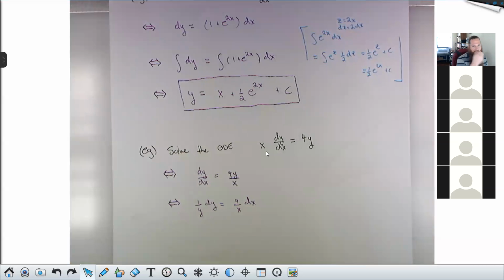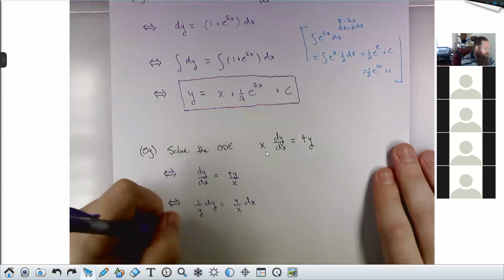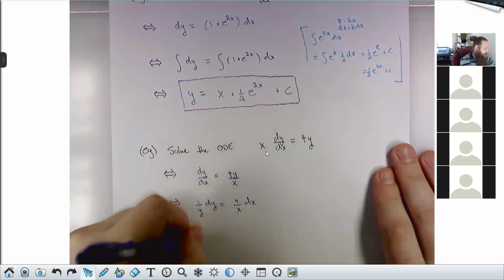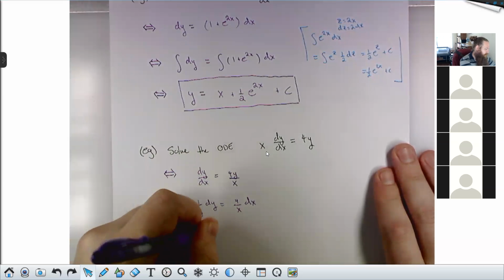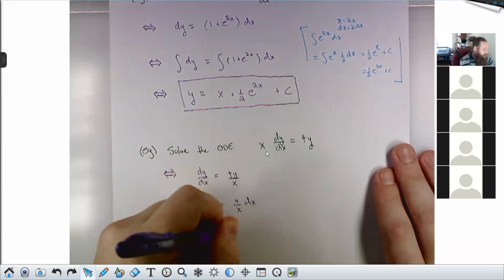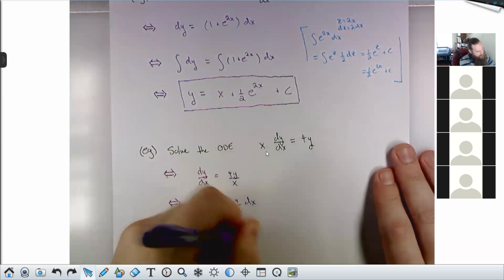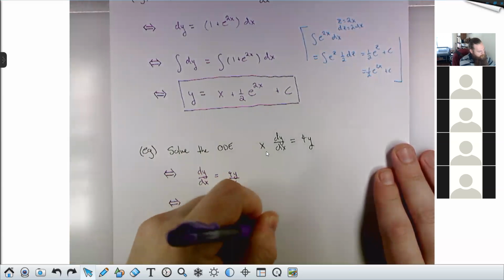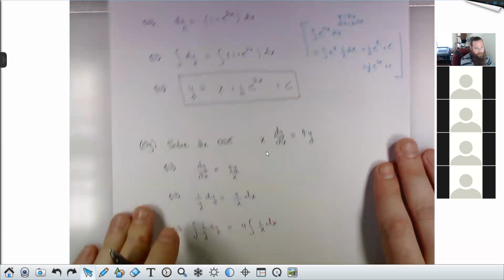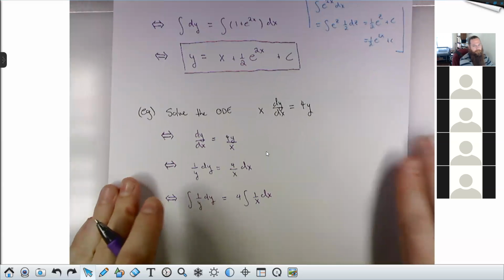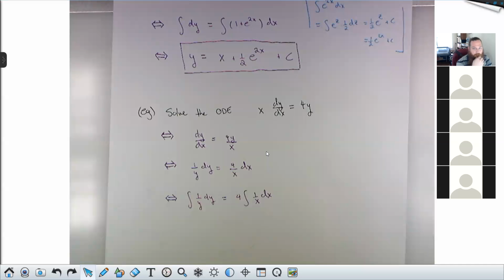I've just separated the variables. And my next step would be to integrate on both sides. So I have integral 1 over y dy equals 4 times the integral of 1 over x dx, popping out the 4. Right, that 4 is a constant multiple, so it can come out.